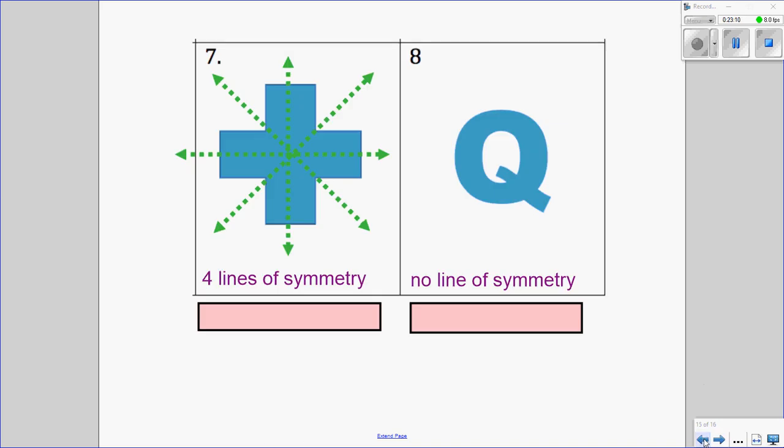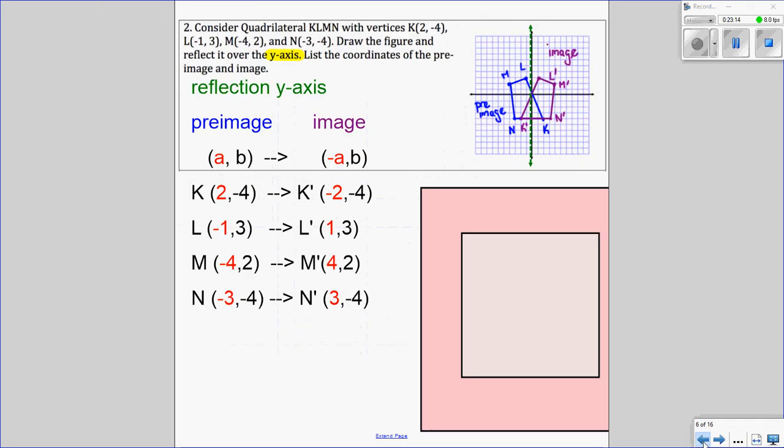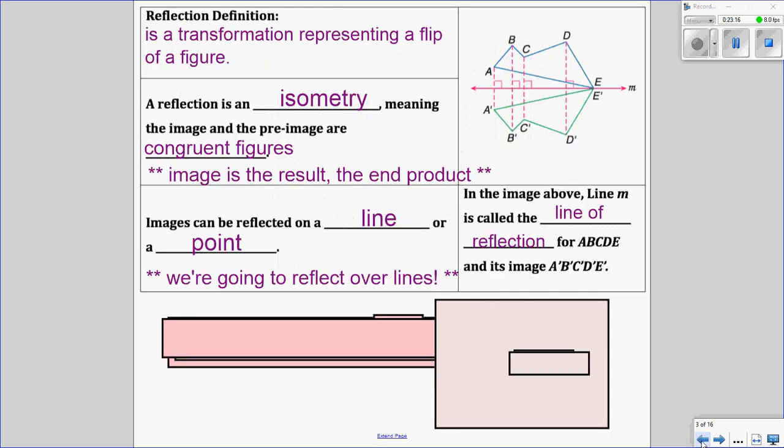Right. So let's recap. So we learned about reflection. That's one type of transformation that we're learning. And reflection is basically flipping a figure. And reflection is an isometry. That means it will produce a congruent image on the other side. And you can reflect any object over a line or point, but we're only dealing with lines.